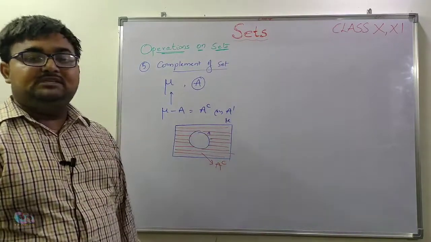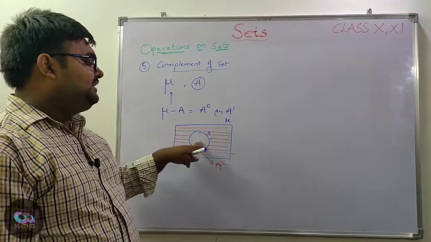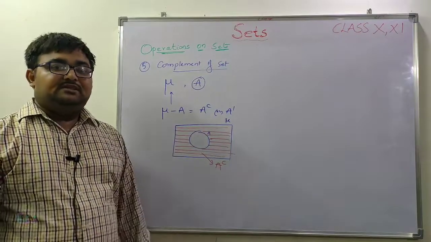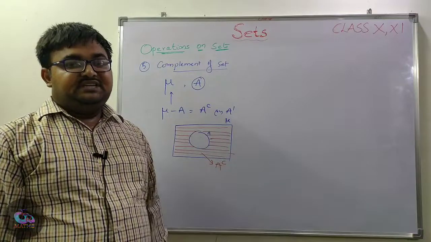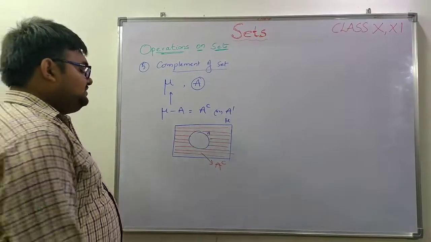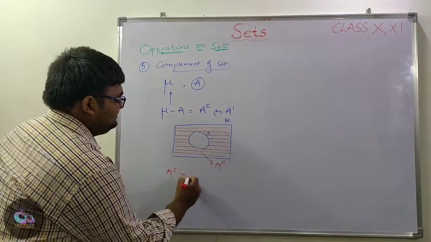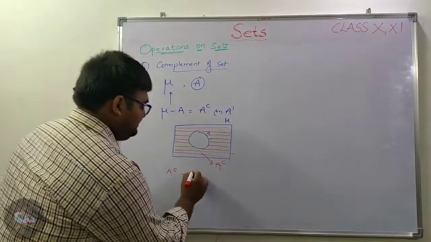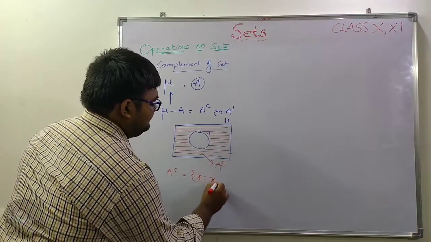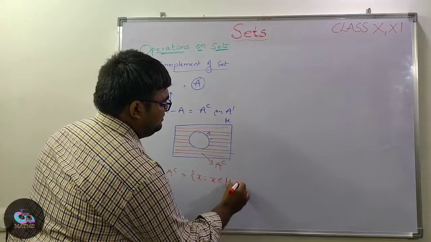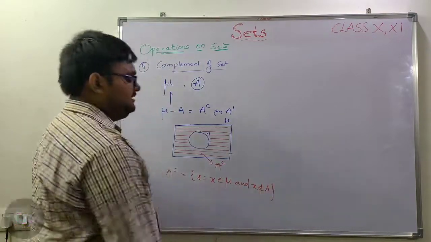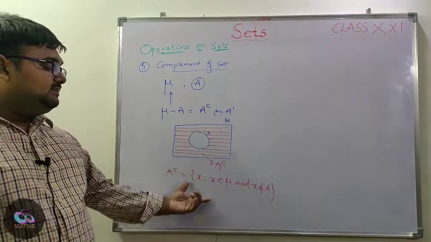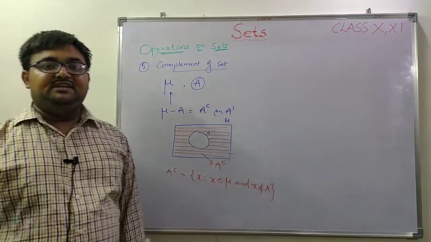So A complement means from the universal set we are removing the given set A. So this is nothing but the complement of set A. This A complement is represented in set builder form like x such that x belongs to mu and x does not belong to A. Right. So this is nothing but the set builder form of the complement of the given set A.